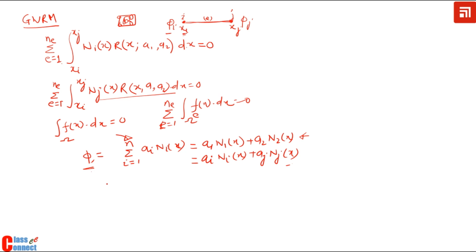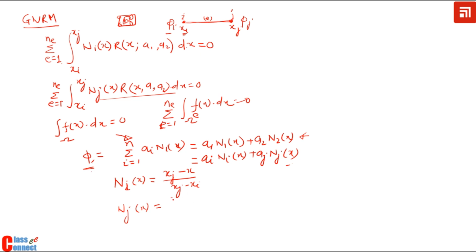In FEM, the trial functions are called shape functions. The shape function for the ith node is given by Ni(x) equal to (xj minus x) divided by (xj minus xi), and similarly Nj(x) is equal to (x minus xi) divided by (xj minus xi).